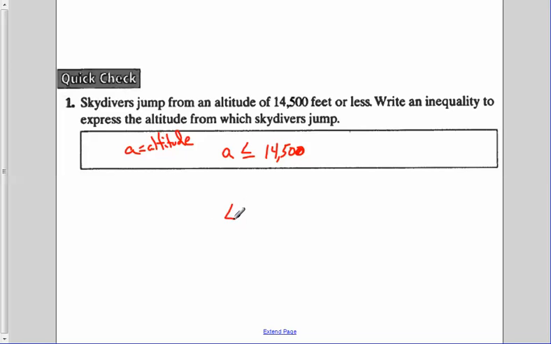And remember that this bottom horizontal line is like the bottom portion of our equal sign. This bottom line is like the bottom line of our inequality. And then the top part shows that it is less than.